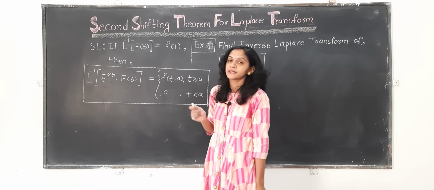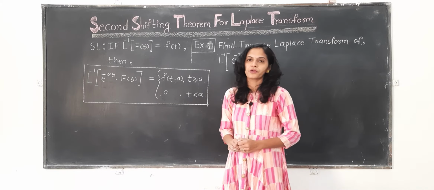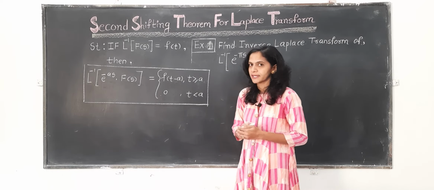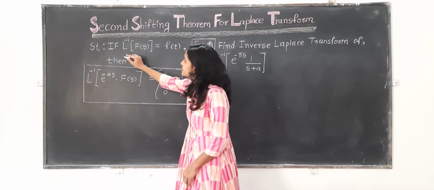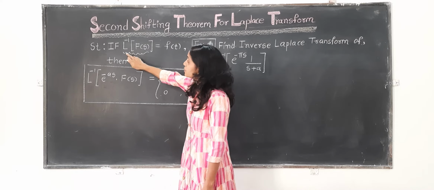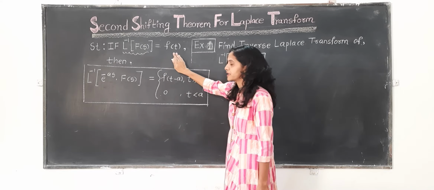So now we are starting the second shifting theorem for the inverse Laplace transform. Let's see what is the statement for the second shifting theorem. The statement is: L inverse of F of s is f of t.